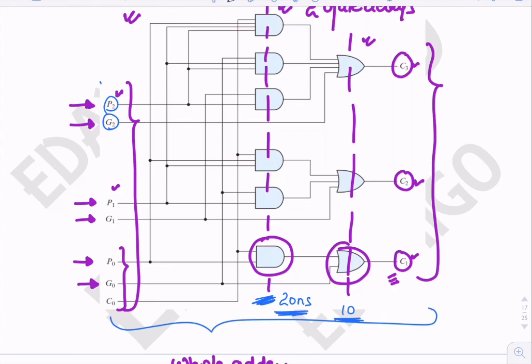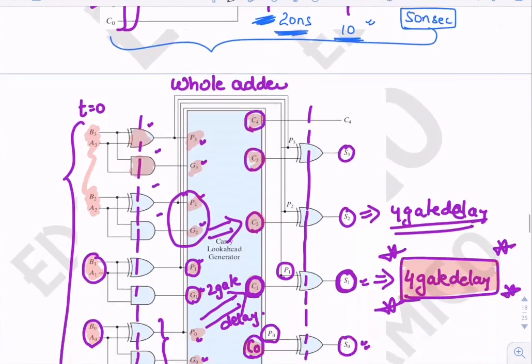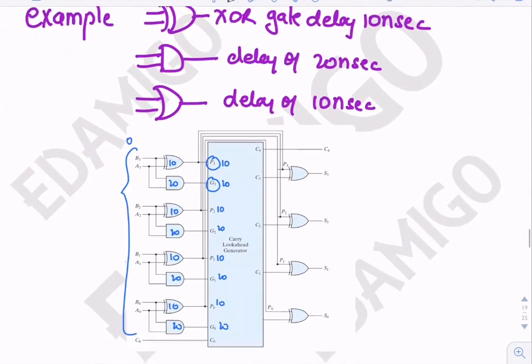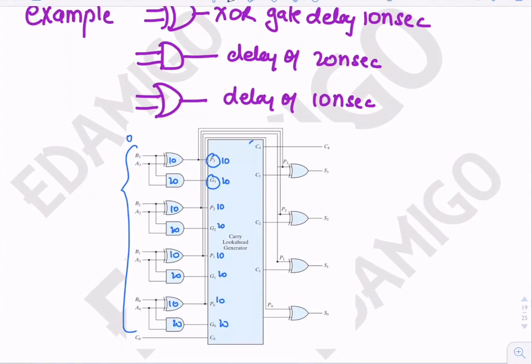Since the input was available to the circuit at 20 nanoseconds, the delay of 30 nanoseconds gives us the carry output at 50 nanoseconds. The carry output C0 is already available, and C1, C2, C3, C4 and all the carries will be available at 50 nanoseconds and not before that.